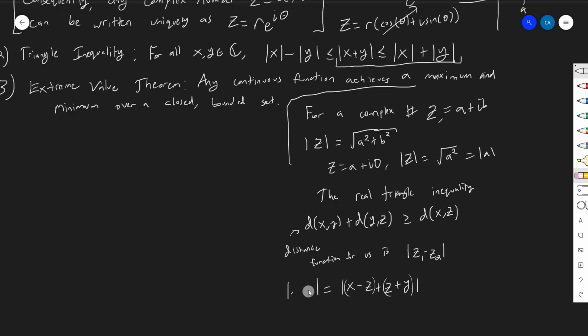I meant to put the distance between x and minus y. And I could put a 0 here. Okay, and then I can split that up. Okay, wait. I'm doing this backwards. Let me try again. Pick your favorite z and start with the thing on the left side here.